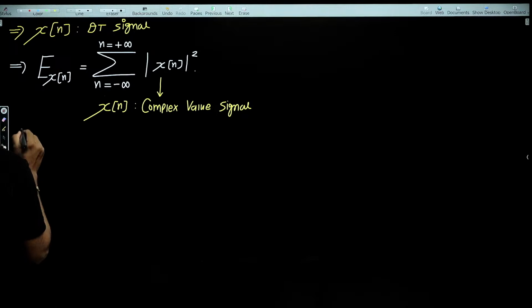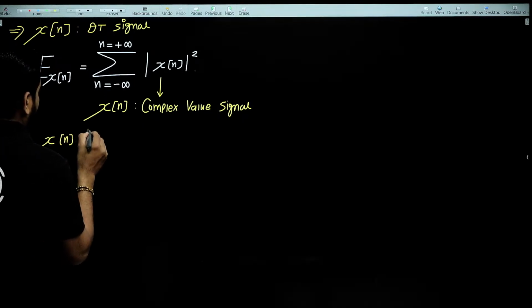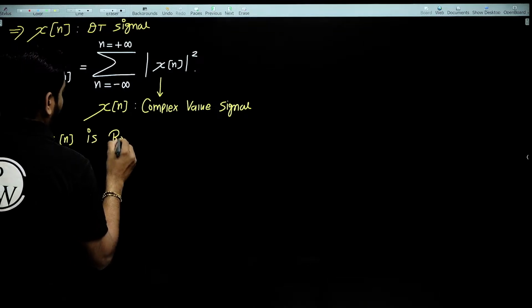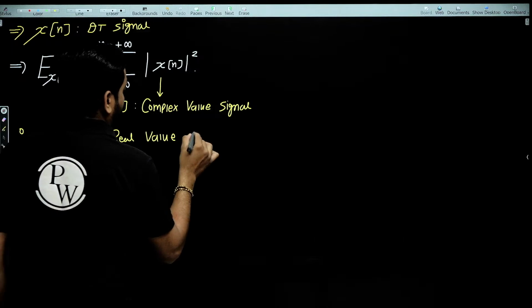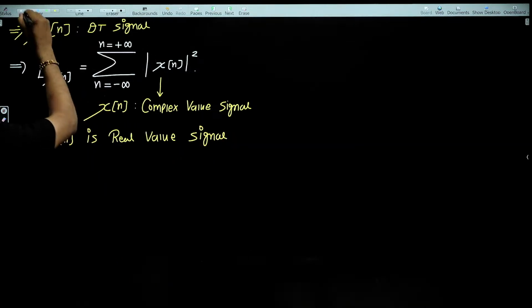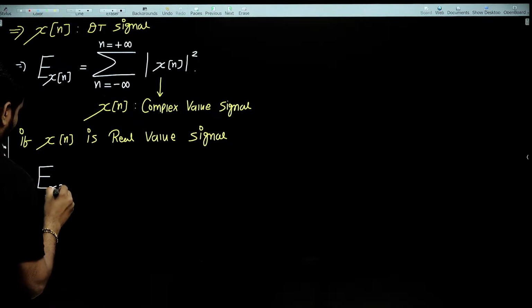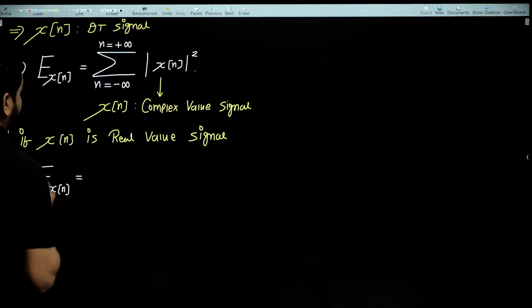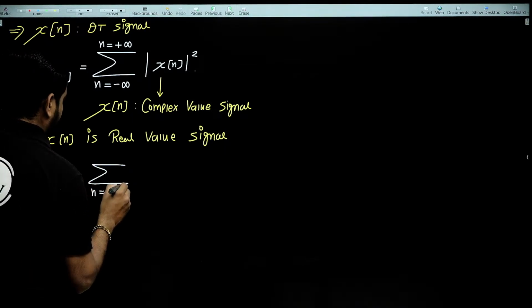And if x of n is a real valued signal, then the formula to calculate the energy of the given signal is summation, and we do not require the modulus, guys.